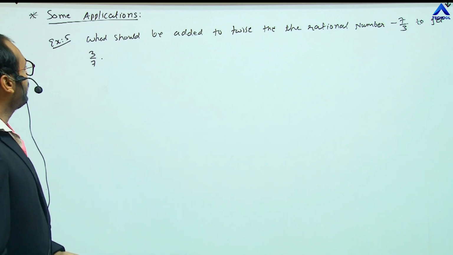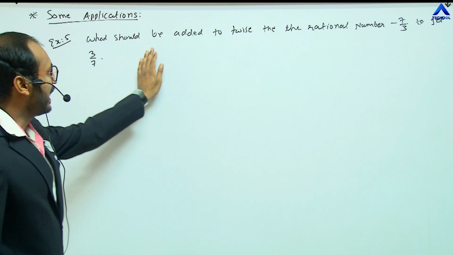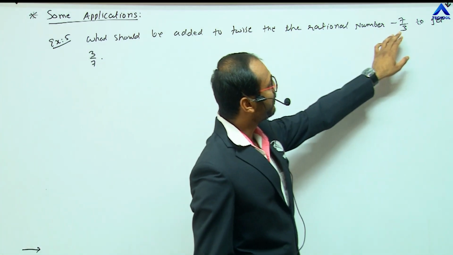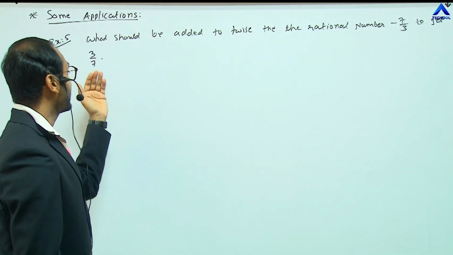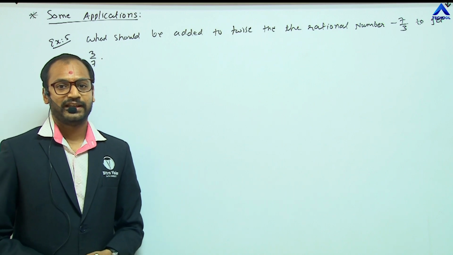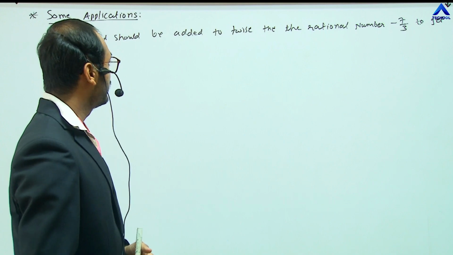Example number 5: what should be added to twice the number minus 7 upon 3 to get 3 by 7? Now understand the question first.